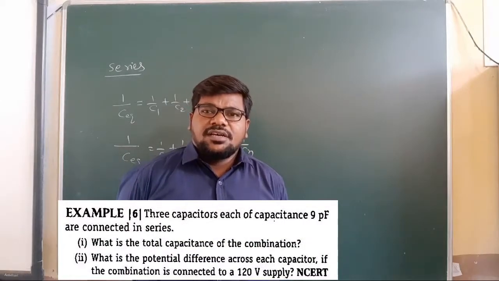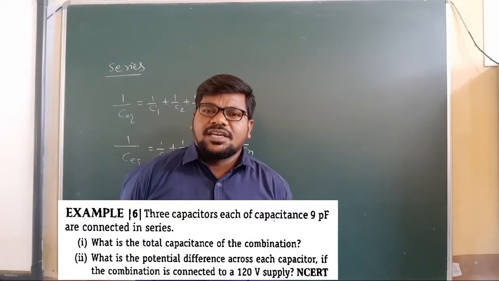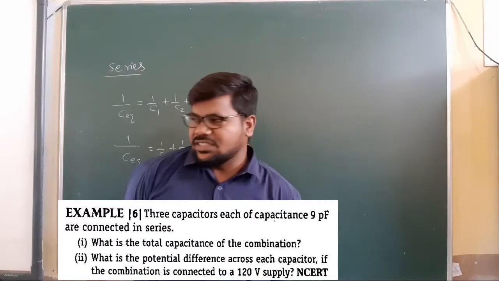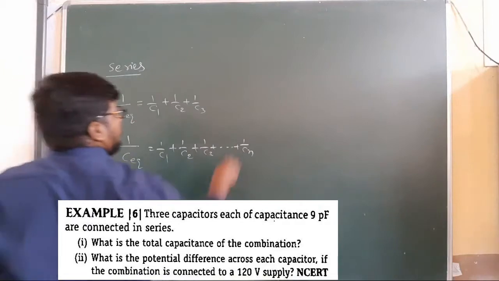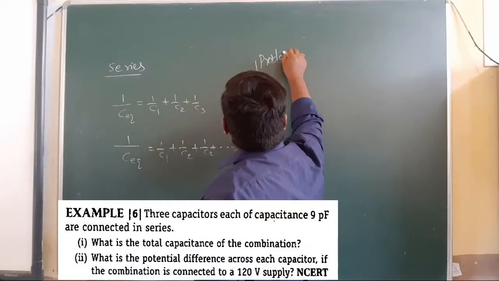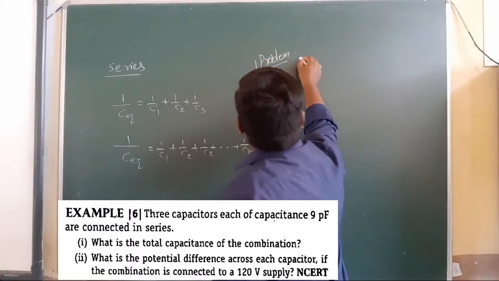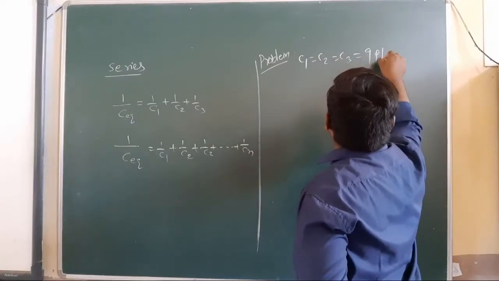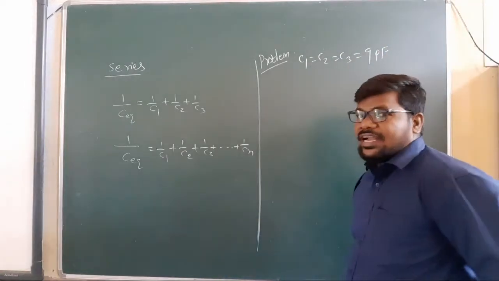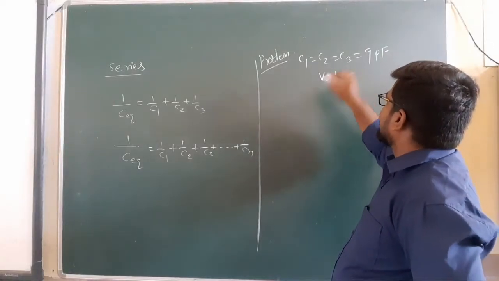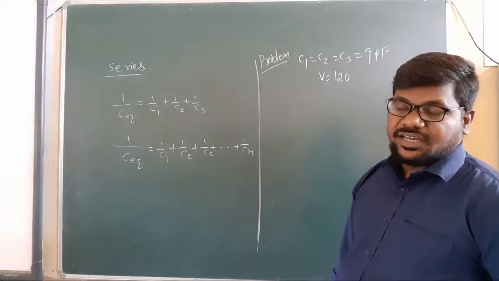See here, in this problem they have given 3 capacitors of equal capacitance, means C1 is equal to C2 is equal to C3 is equal to 9 picofarad, and the applied potential difference V is equal to 120 volts, which are arranged in series.